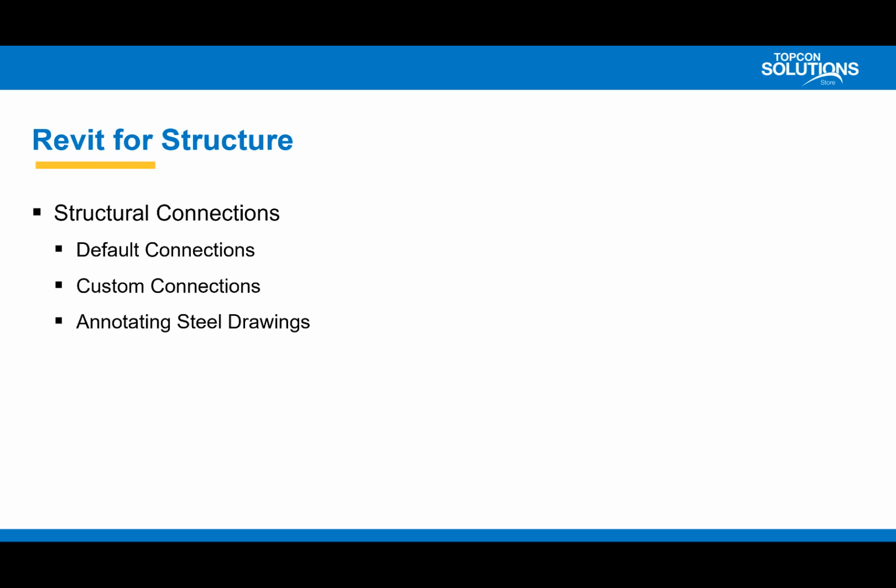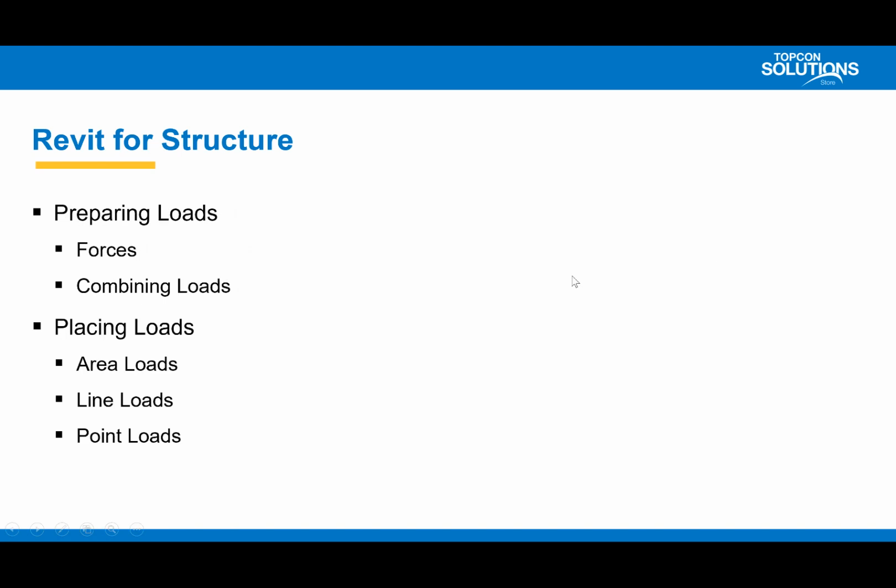I'm going to show this off a little bit today with what's called Propagate connections. Okay. But I'm also going to show you how to annotate these steel drawings. We'll go into a little bit of preparing loads, talk about the forces, where you can combine your loads, placing these loads, whether it's line, area, point, and they're hosted, things like that.